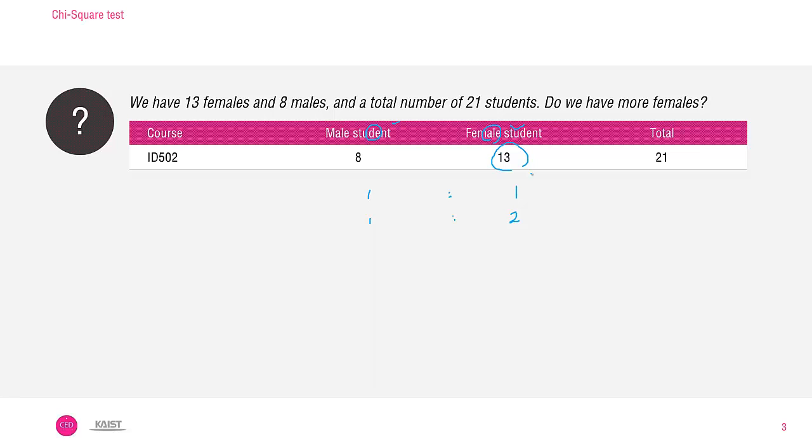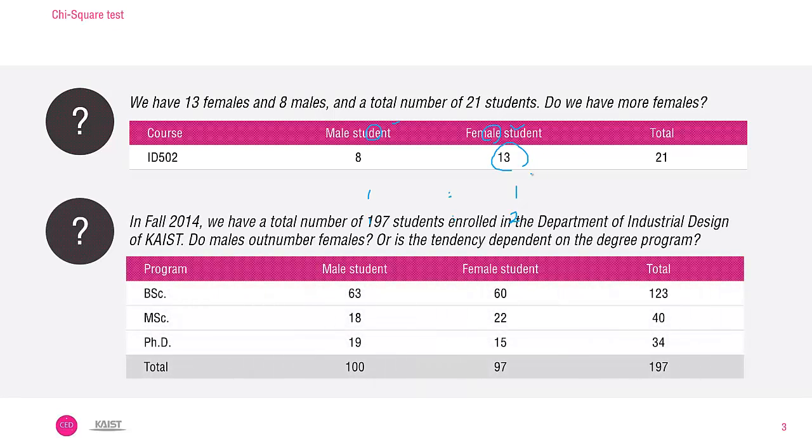Now let's consider another example. Based on the actual data in fall 2014, we have a total number of 197 students enrolled in the Department of Industrial Design of KAIST. Do males outnumber females because 100 is greater than 97? Or is attendance dependent on the degree program?